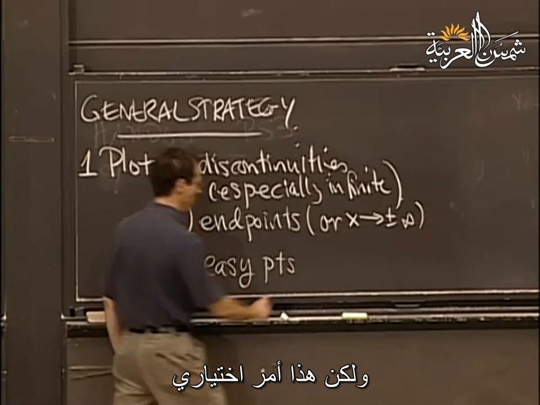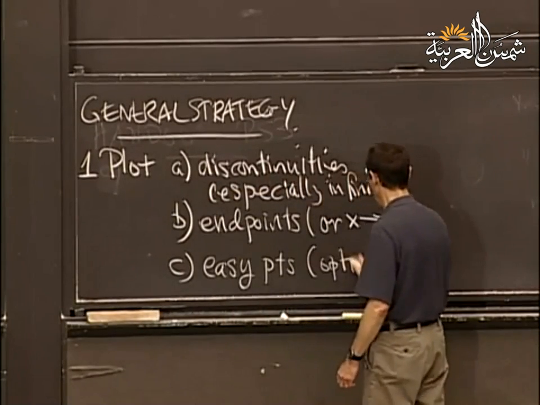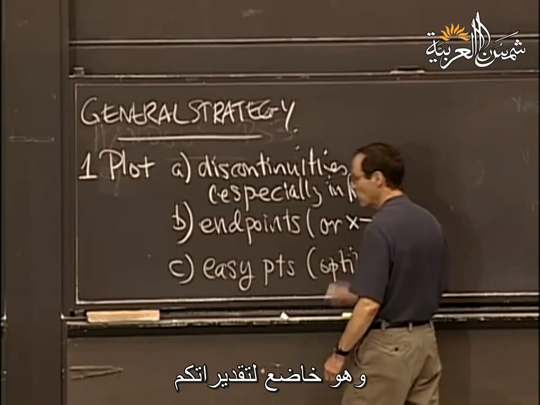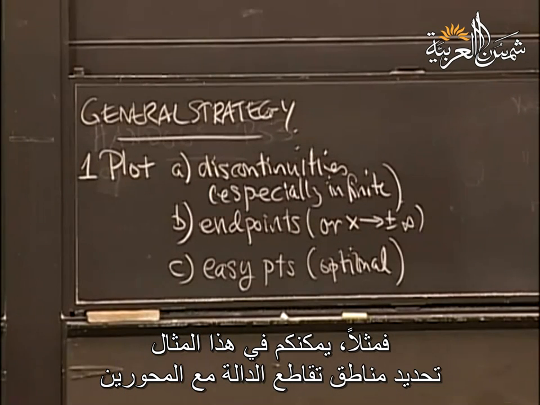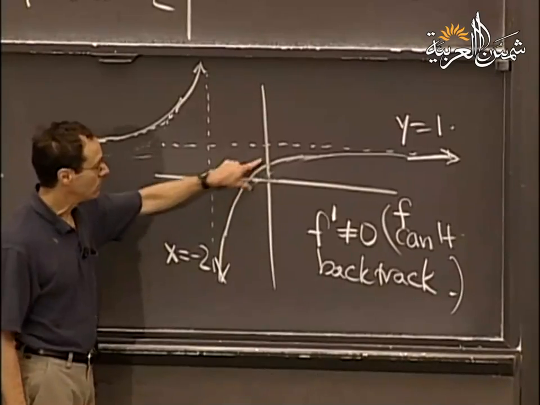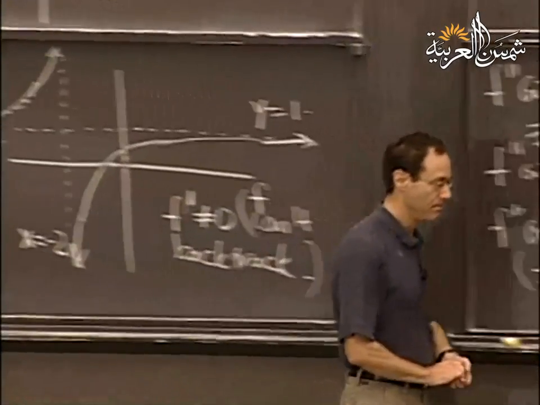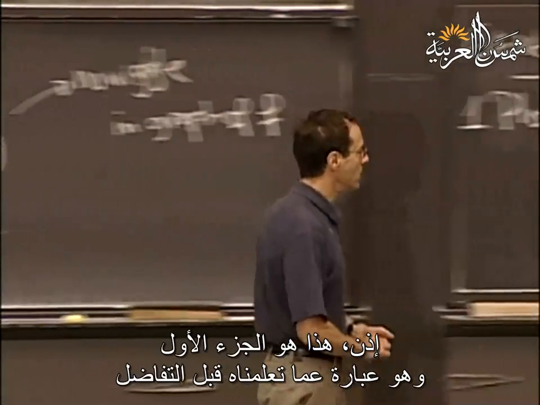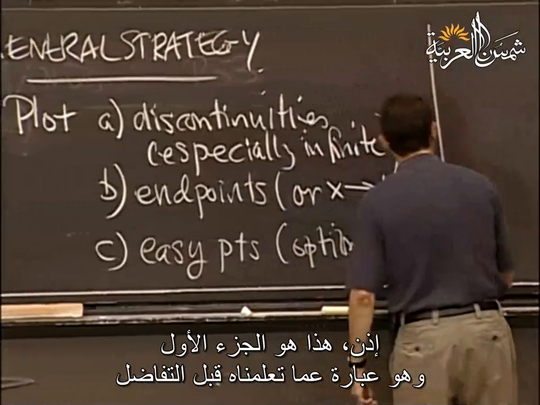This is optional and at your discretion. You might, for instance, on this example, plot the places where the graph crosses the axis. If you want to. All right, so that's the first part. And again, this is all pre-calculus.